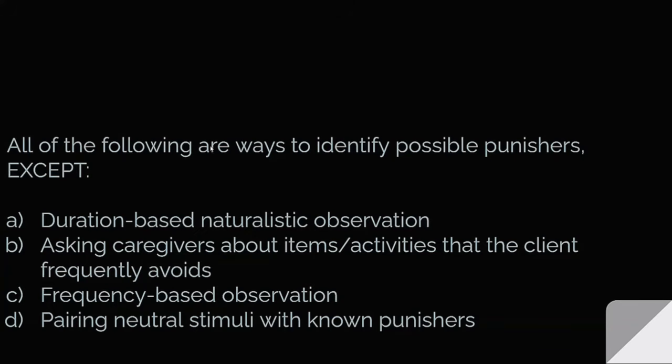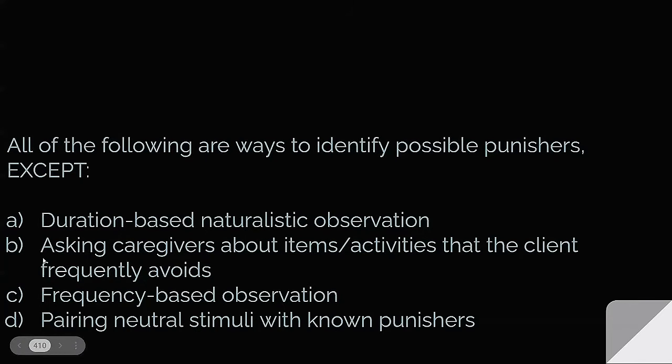So let's look at all these possible ways to identify punishers. If I did A, duration-based naturalistic observation, what does that look like? I'm just observing. What does this child avoid? That's pretty much it. Maybe I salt the environment with things that I think that they will avoid, but I could just see in any natural environment what they tend not to do or play with.